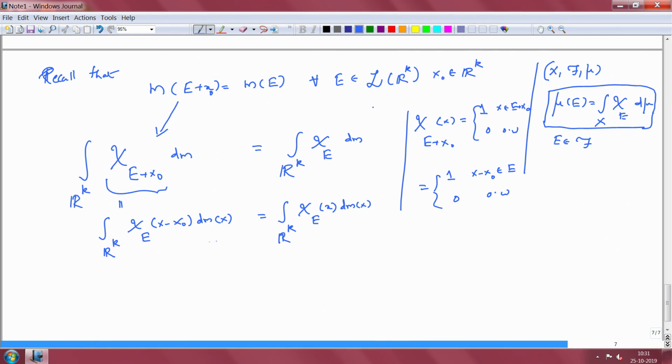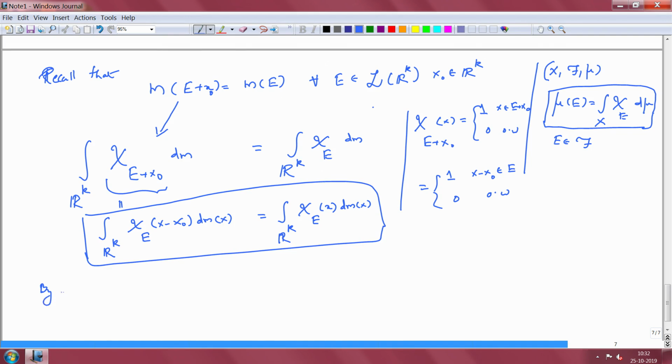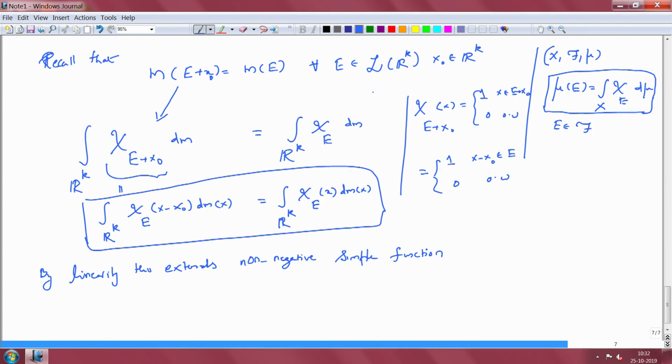So, this tells me that we have a formula for indicator functions. By linearity this extends to non-negative simple functions, because a simple function is a linear combination of indicators, and the integral is linear.